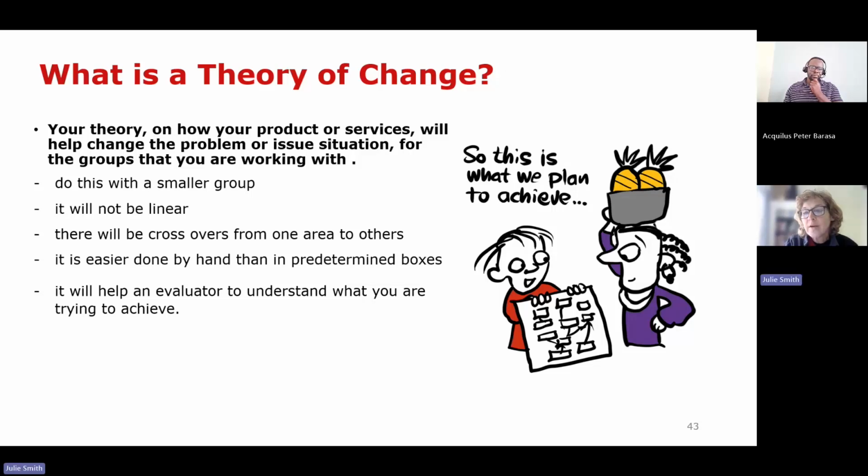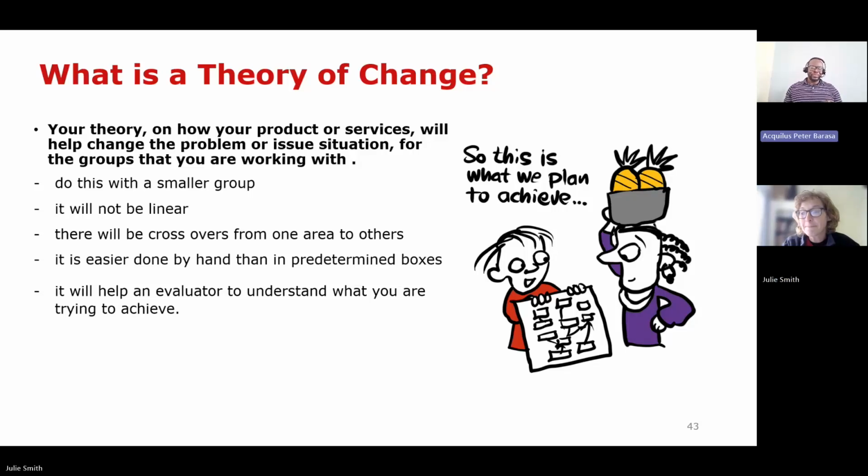Where it is really useful is when an evaluation comes into town, because then a project team can give a theory of change to an evaluator and say, look, this is what the project was trying to achieve. A log frame is also a theory of change, but what we are going to do is start with something a little bit more messy.